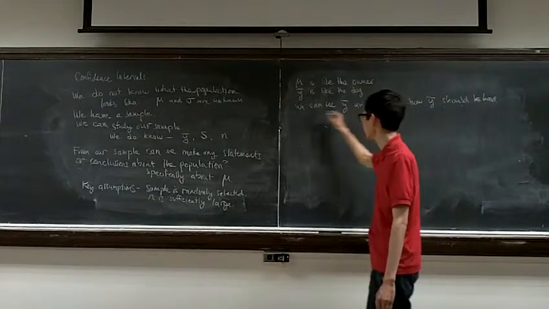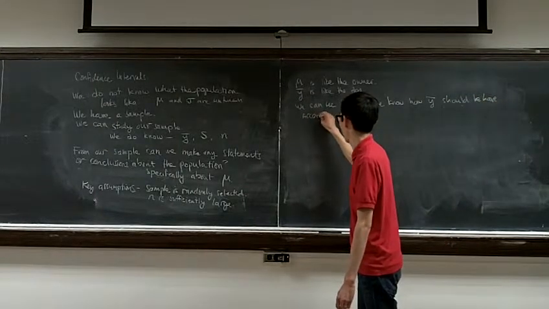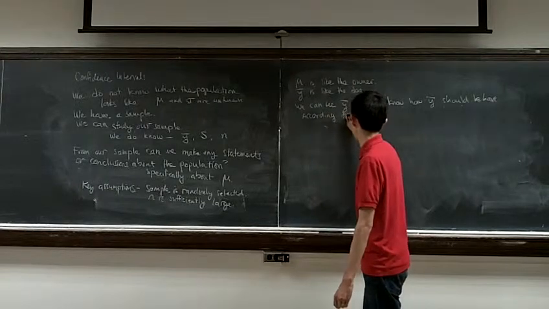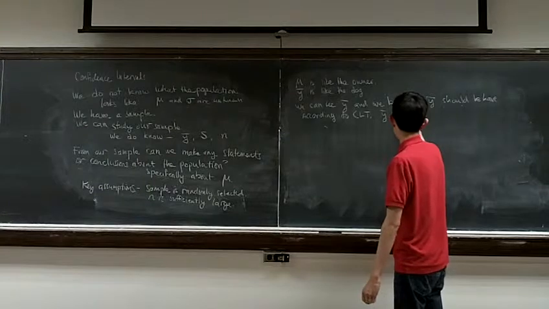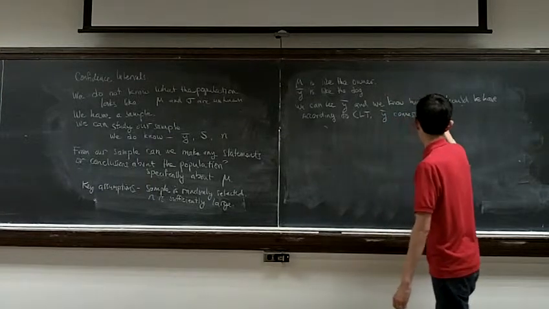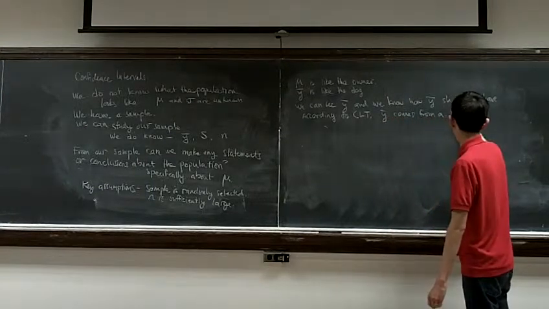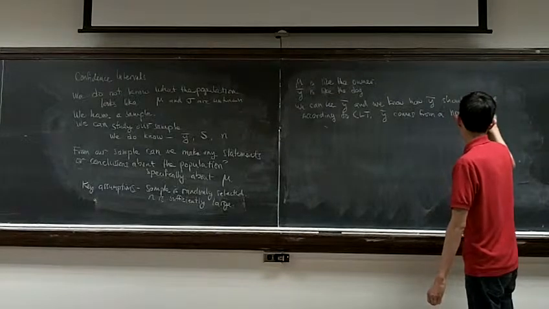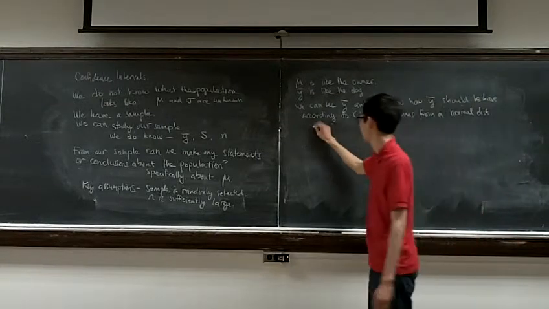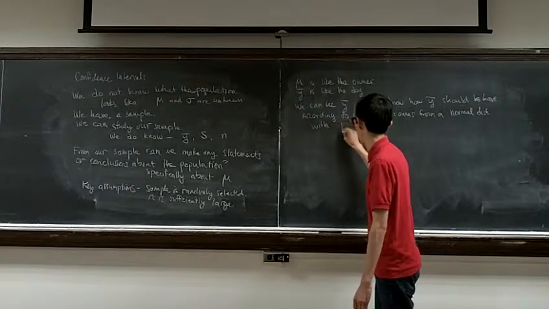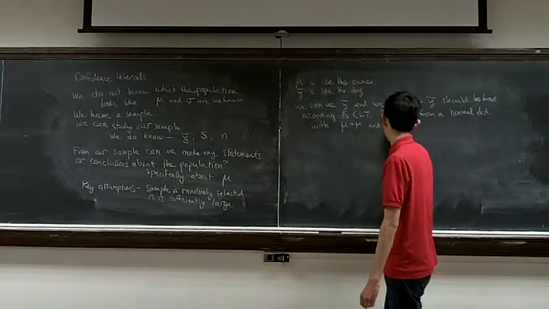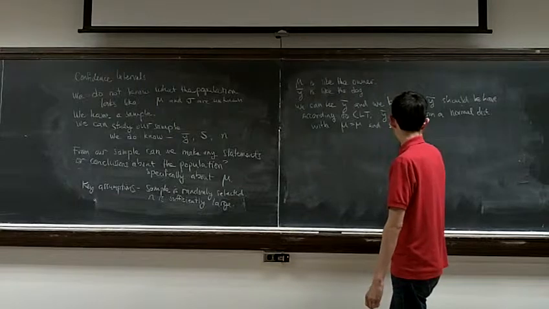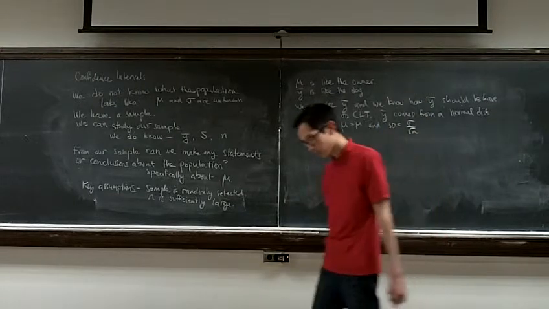Okay, so according to the central limit theorem, y bar comes from a normal distribution with mean equal to mu, and standard deviation equal to sigma over the square root of n.